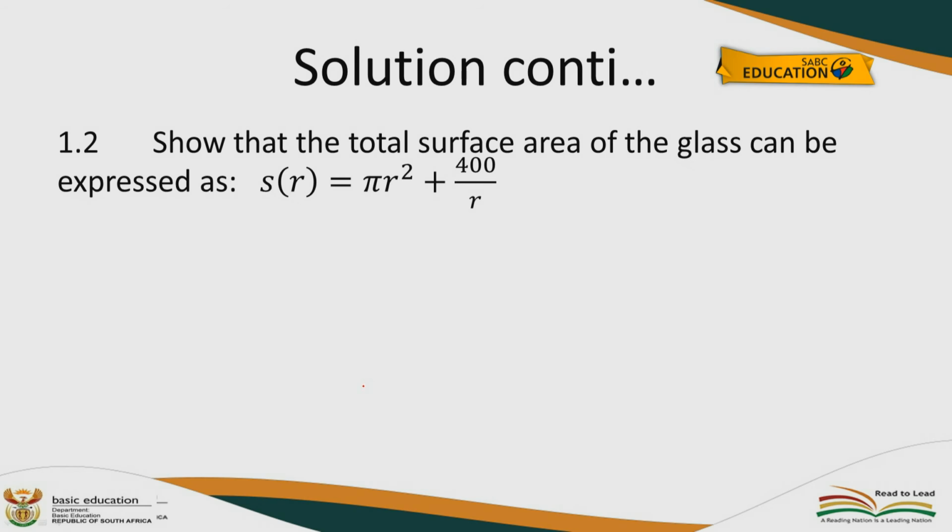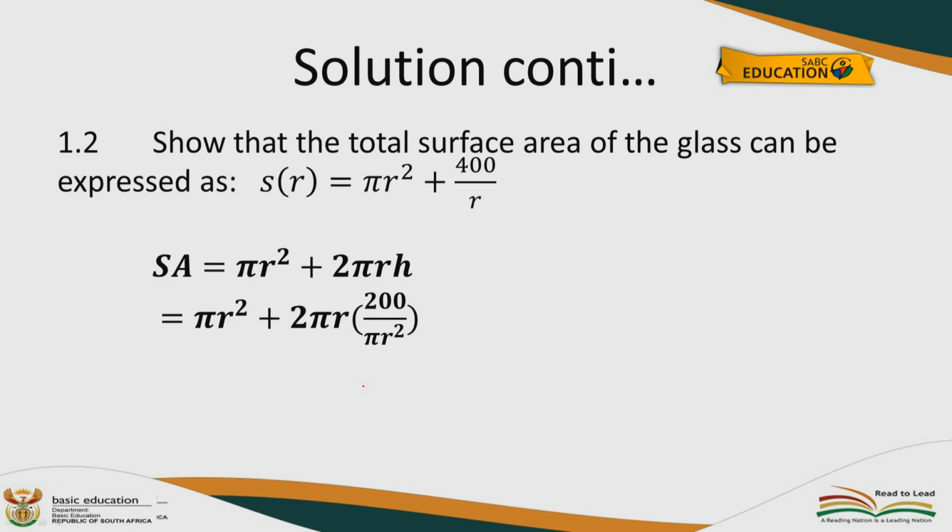For the next question, we need to show that the total surface area of the glass can be expressed as S of r equal pi r squared plus 400 over r. Now, the surface area of a cylinder that is open at the top will be pi r squared plus 2 pi r h.